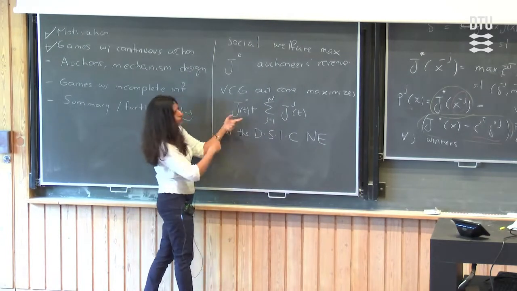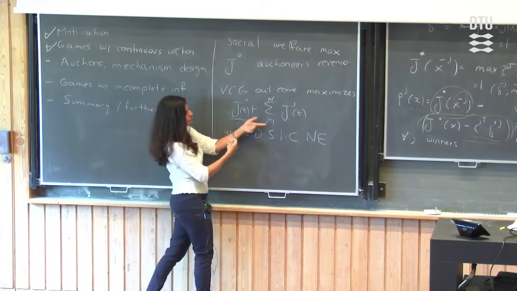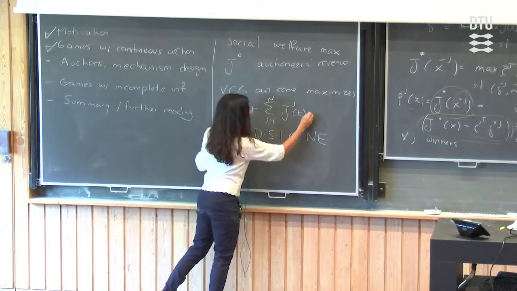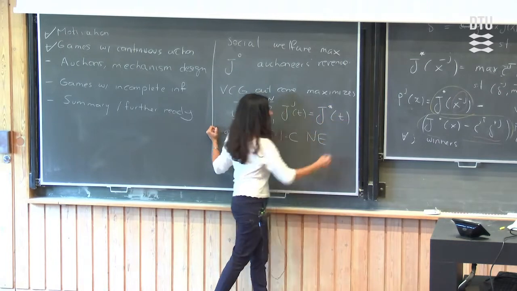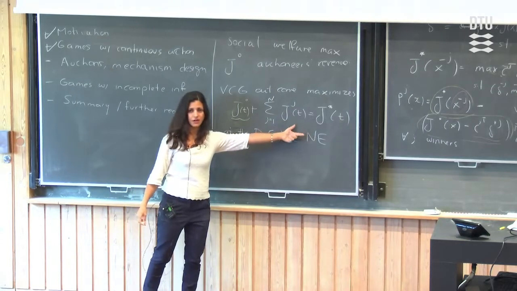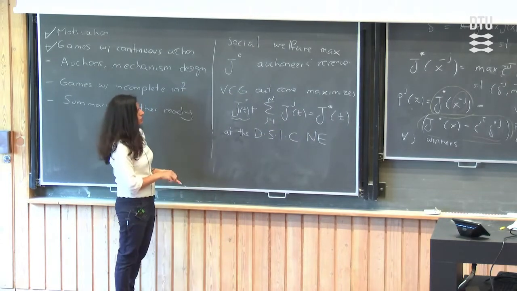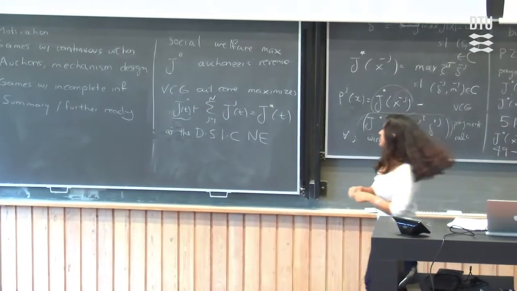And the reason is that if you work out the payments the auctioneer is making and compute the utility of everybody, you will get that this is exactly equal to J star of T, which was maximized by the auctioneer. Okay? So this is called social welfare maximization. We want a mechanism to have this property ideally as well.